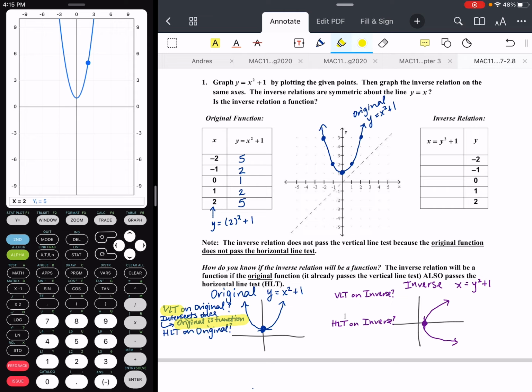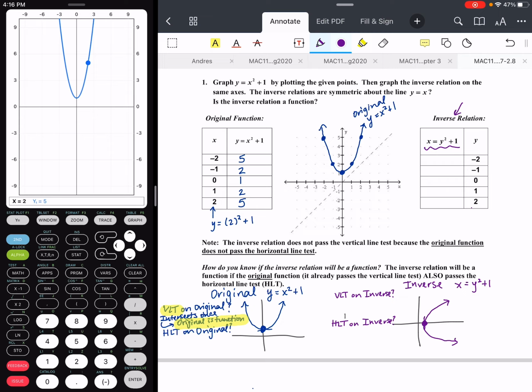If we wanted to write an equation for this, we could take y equals x squared plus 1 and just switch the x and y, which gives us x equals y squared plus 1. So notice over here for the inverse relation, instead of just x, now I have x equals y squared plus 1, and then I have y listed over here. On the first table on the left, the given x values were -2, -1, 0, 1, and 2.